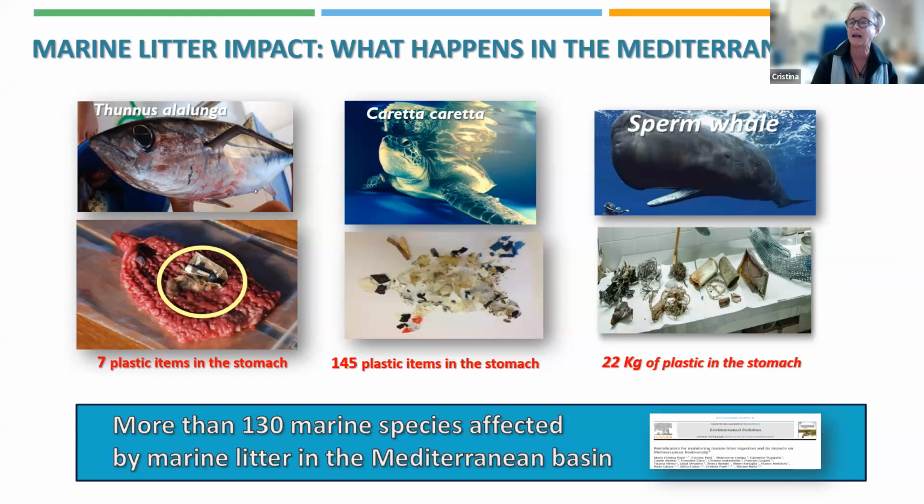We have 3 charismatic species, such as Thunnus, in which we have found some specimens with 7 plastic items. We move on to the sea turtle, Caretta, and in the SPAMI, the protected area of the Mediterranean Sea, the Pelagos Sanctuary, we found some specimens with more than 145 plastic items.